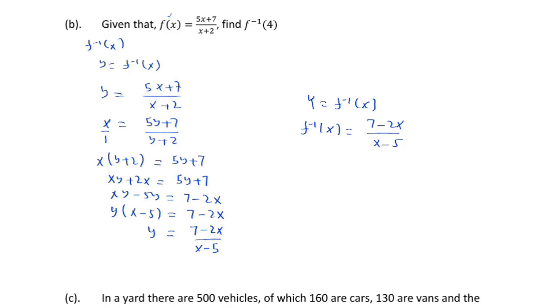We are going to have f⁻¹(4) = (7 − 2 × 4)/(4 − 5). After solving the values, we are going to have 1. And this is our answer.